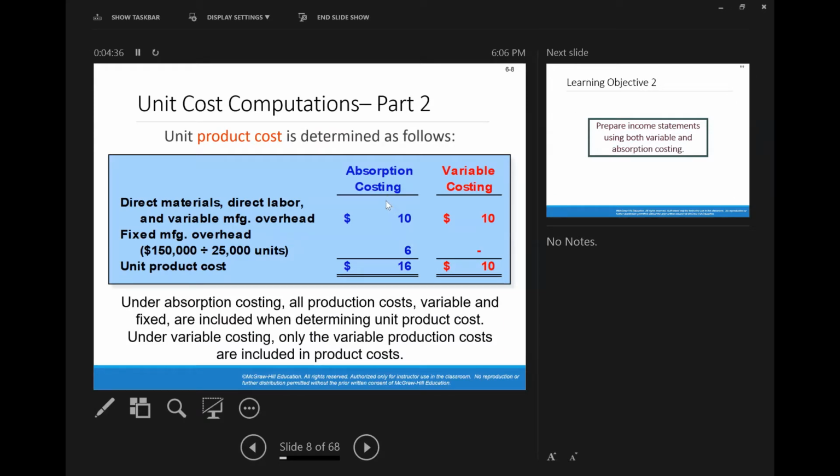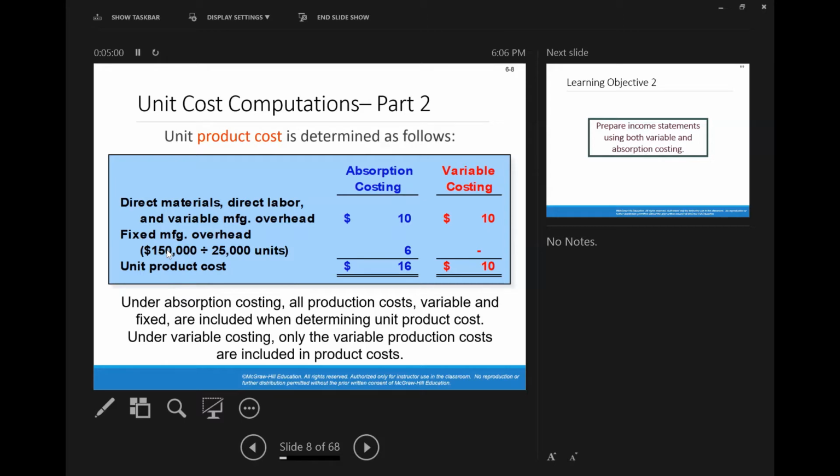Okay, so then under absorption costing for the fixed, because remember that first slide we talked about bringing in that fixed manufacturing overhead, we have to figure out how much is that per unit because it's only giving us a total dollar amount for the fixed. So the fixed manufacturing overhead was 150,000. It's telling us that we're producing 25,000 units per year.